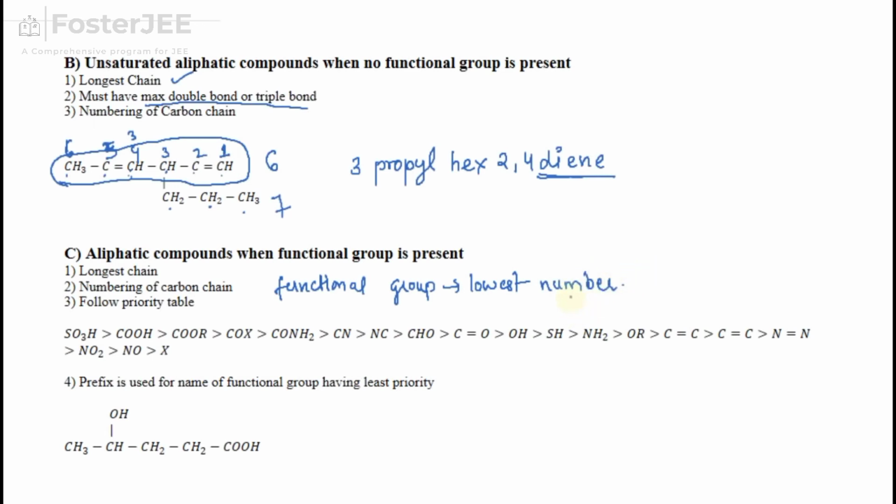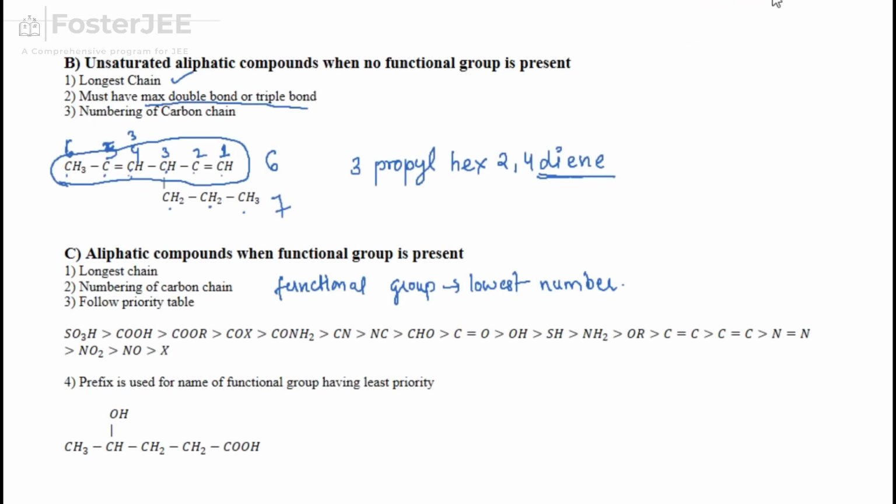Okay, and what if there are more than one functional group? In this case, we will follow the priority table. So if there are more than one functional group present, it follows the priority table, which is given as follows.